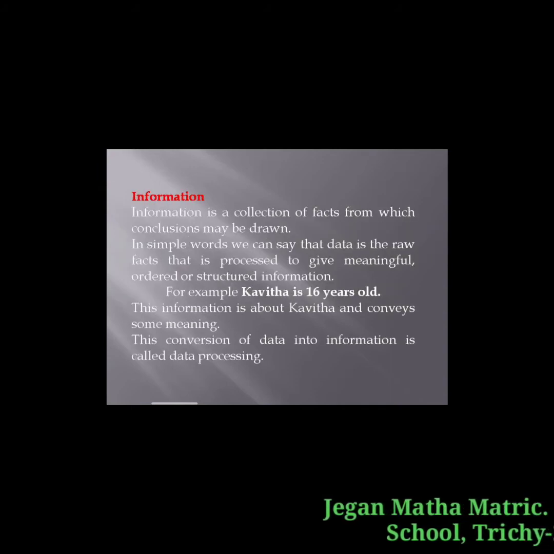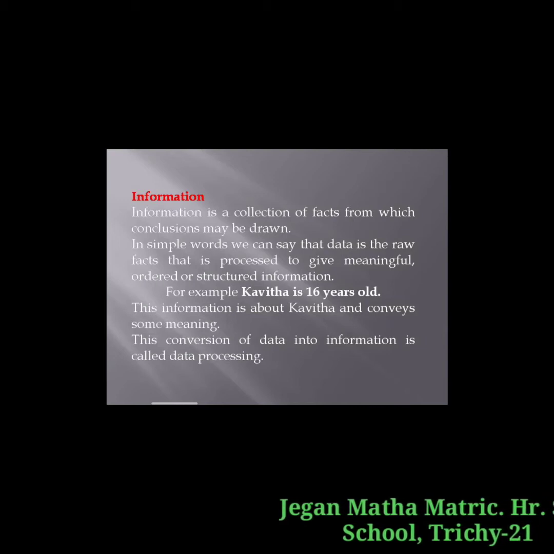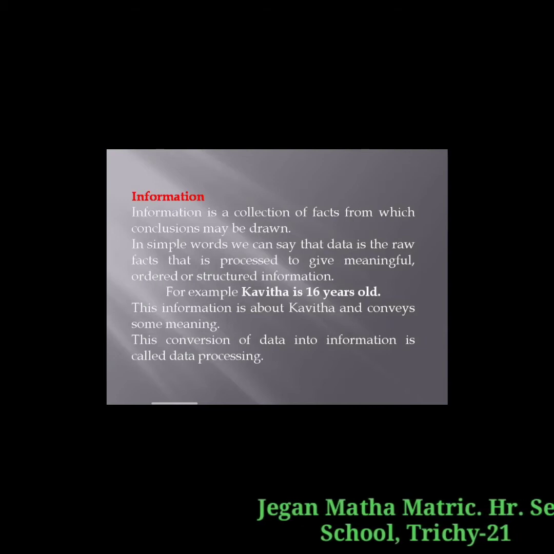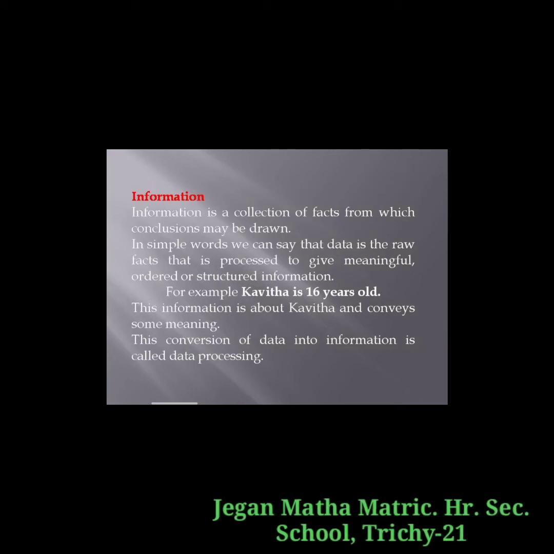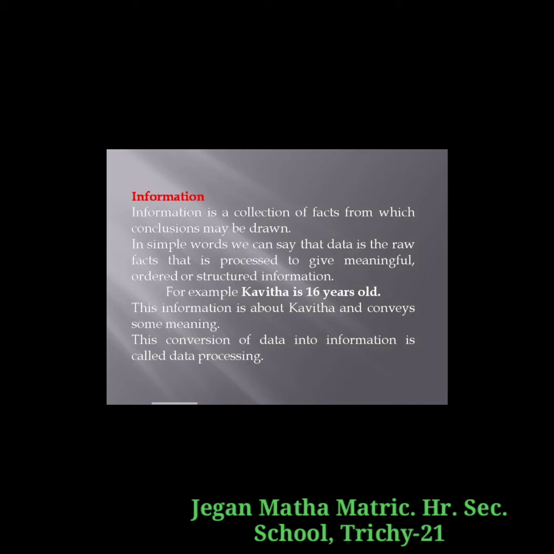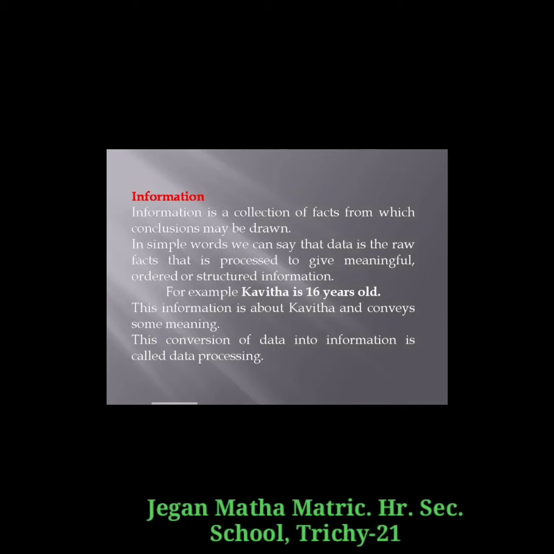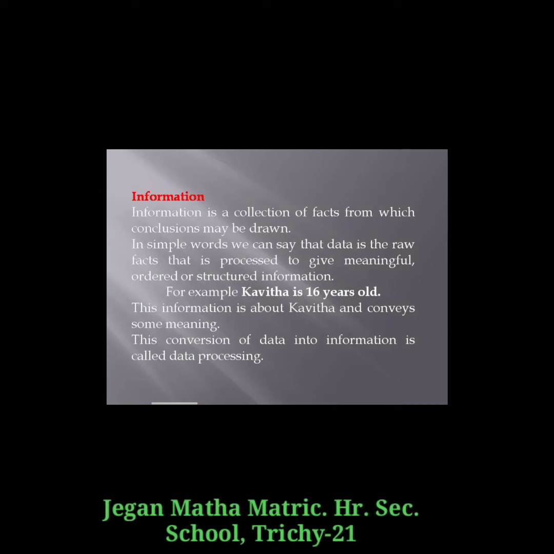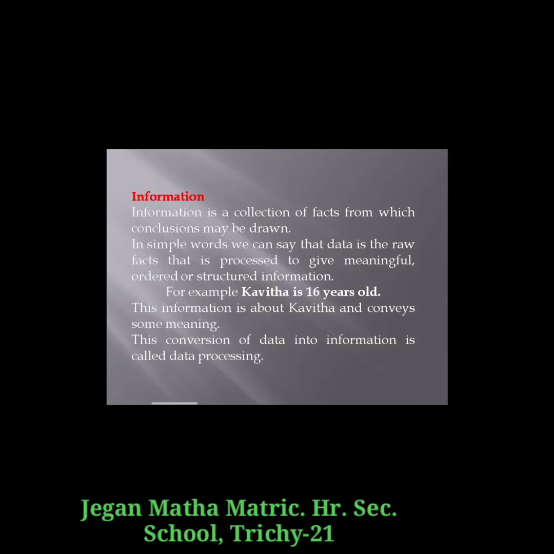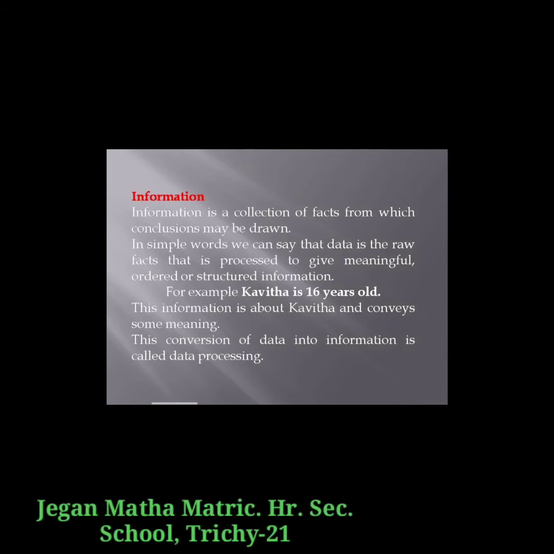Information. Information is a collection of facts from which conclusions may be drawn. In simple words, data is raw facts that are processed to give meaningful, structured information. For example, in data we have 16, Kavita, like we discussed.